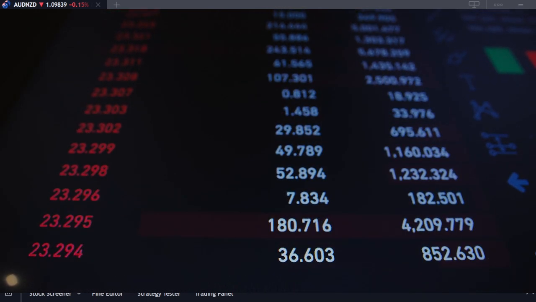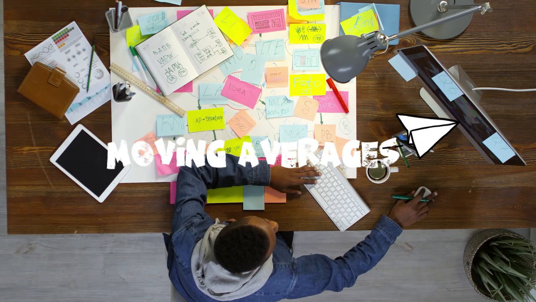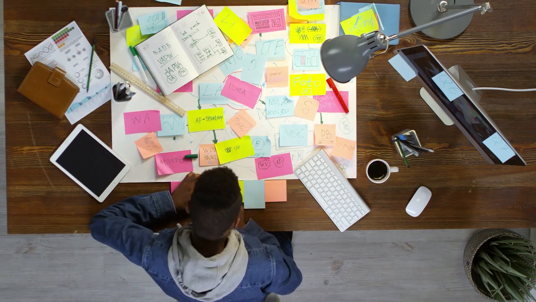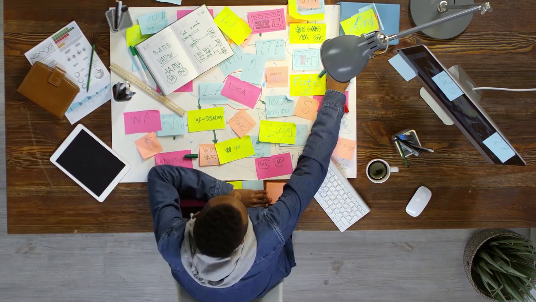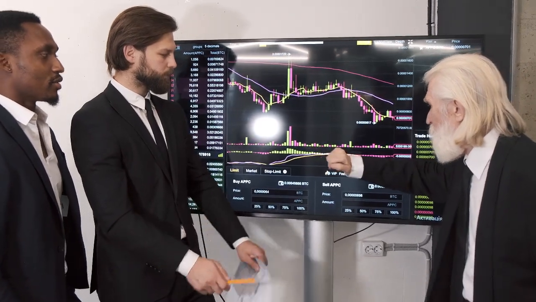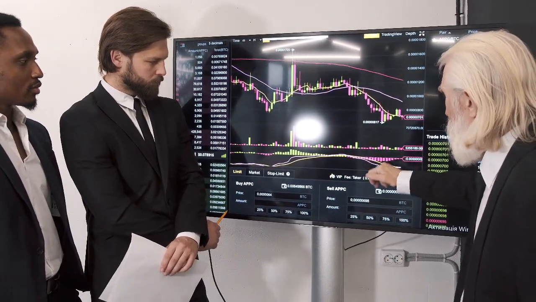So in a nutshell, you can use moving averages. You have to find those perfect, good looking moving averages that are going to help you get into phenomenal trades. Wait for the price to cross either above or below it to get your entries, and then check your volume indicators and add other extra indicators. Now, what other indicators do I mean?